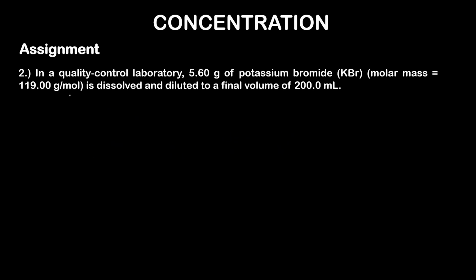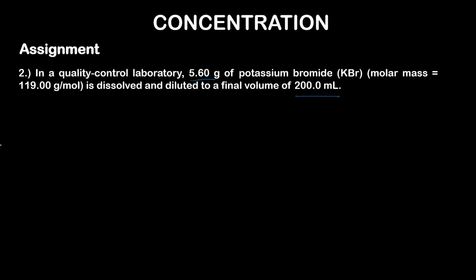Next, in a quality control laboratory, 5.60 grams of potassium bromide with a molar mass of 119 grams per mole is dissolved and diluted to a final volume of 200 ml. This is just like the previous question. We have the grams of solute and the final volume of the solution.